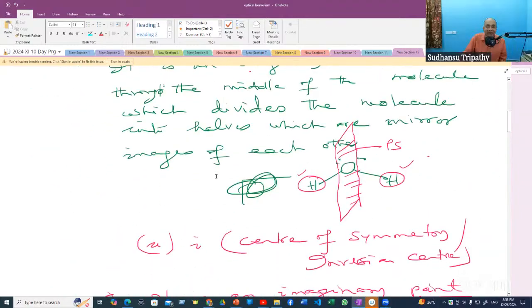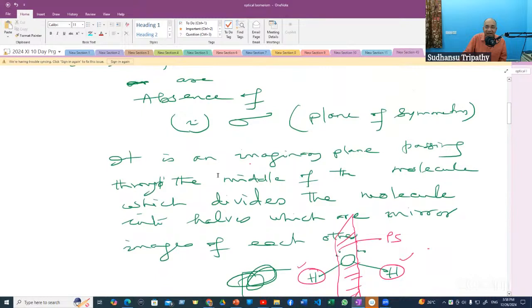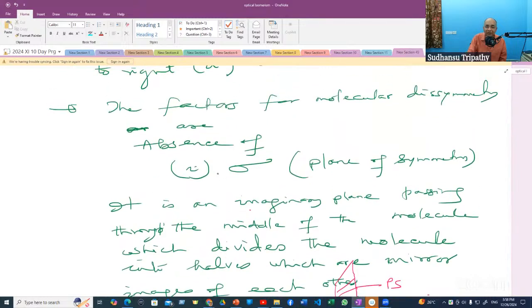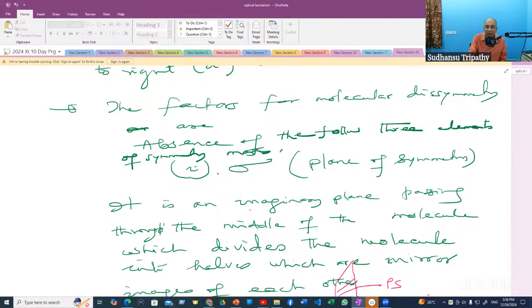So absence of the following three elements of symmetry makes a molecule dissymmetric and chiral.